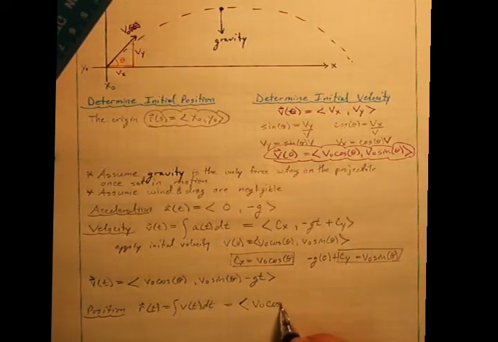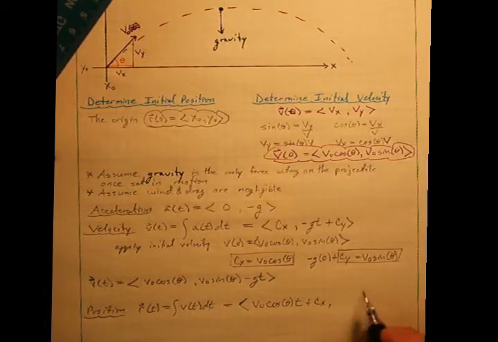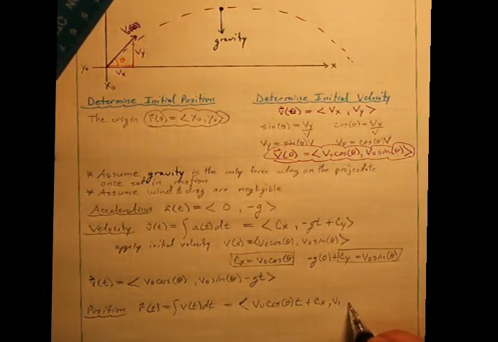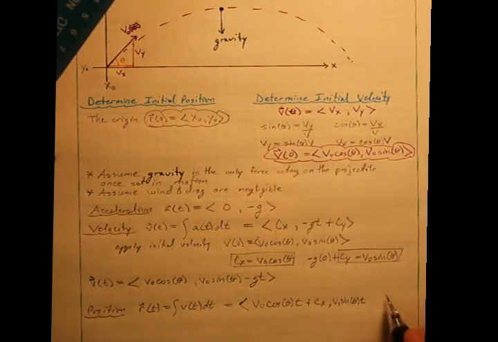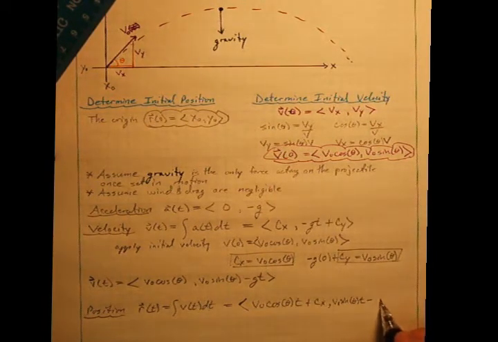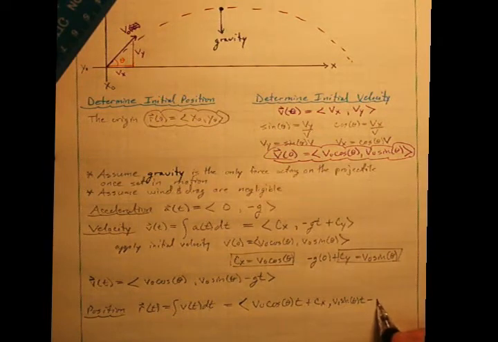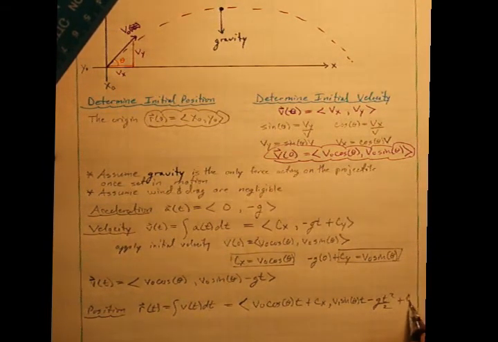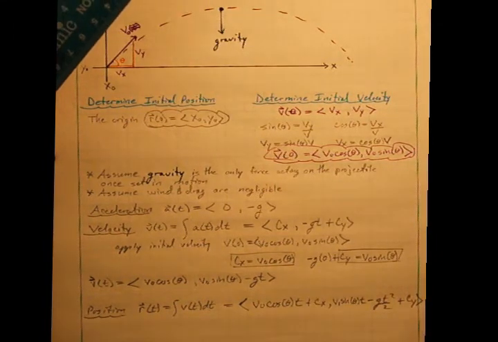So I get v naught cosine theta t plus my constant of integration. And for my y component, the same thing applies, v naught sine theta t minus, and now I'm integrating gt, minus gt squared over 2 plus another constant of integration.